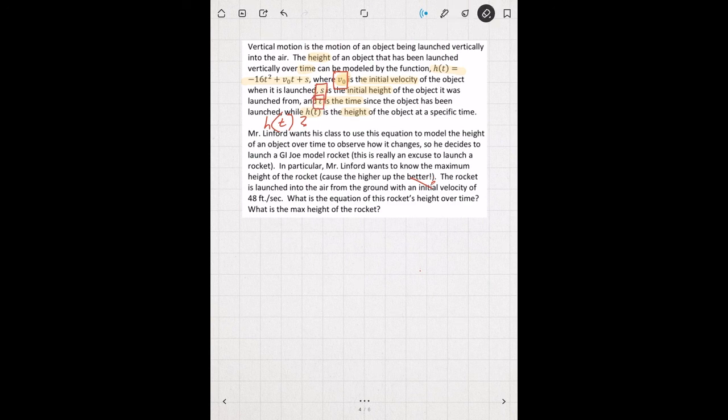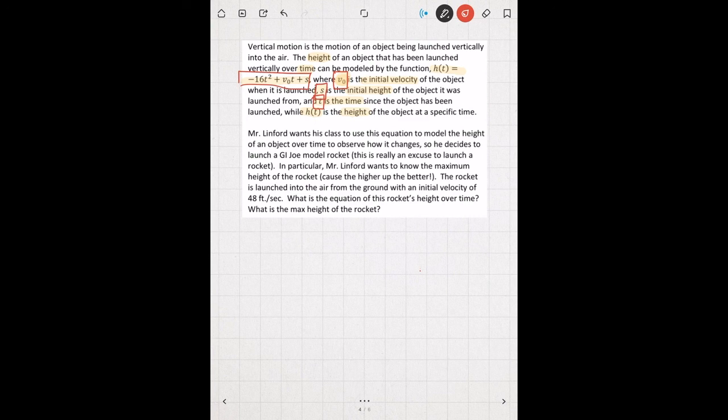So let's read about what this specific problem says. Mr. Linford wants his class to use this equation, or this function I should say, to model the height of an object over time to observe how it changes. So he decides to launch a G.I. Joe model rocket. This is really just an excuse for me to launch a model rocket.